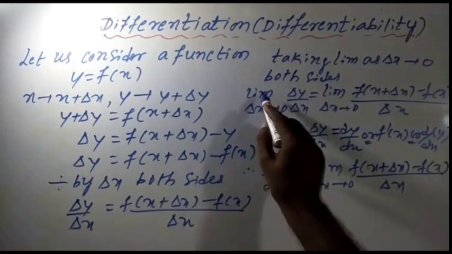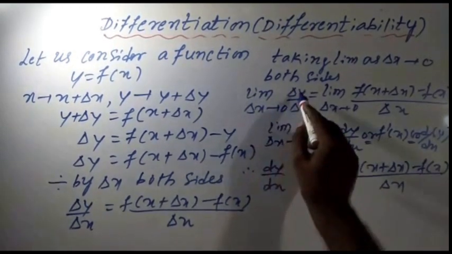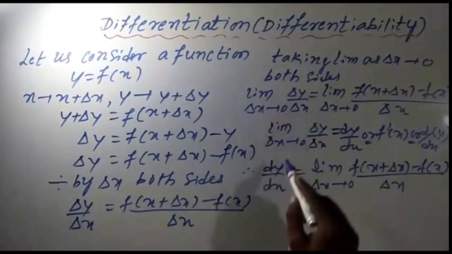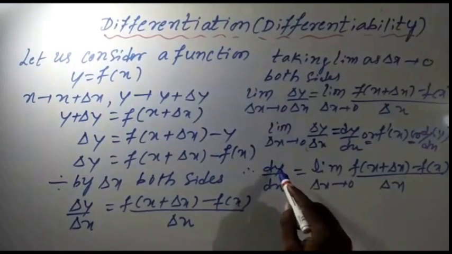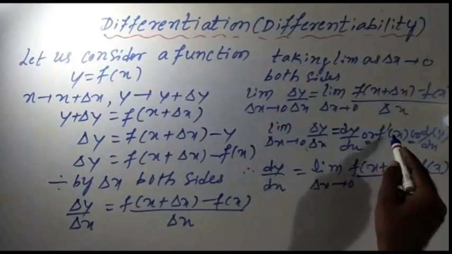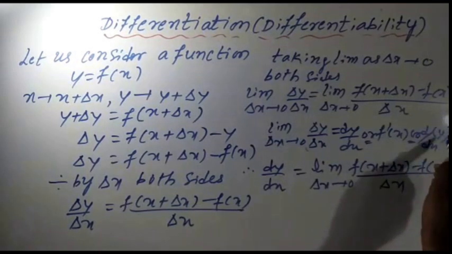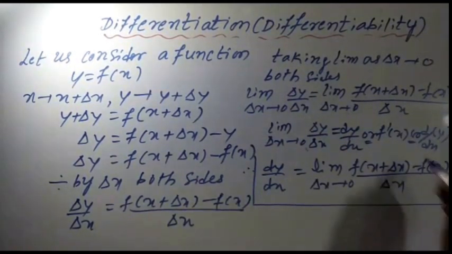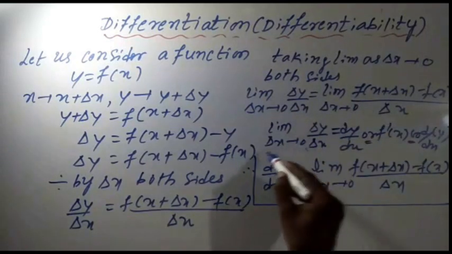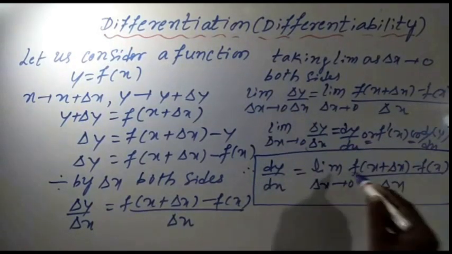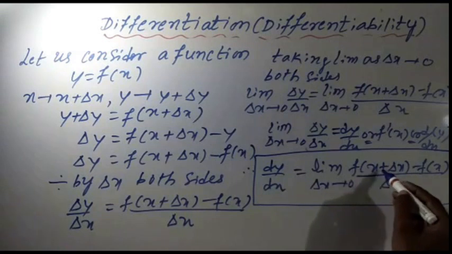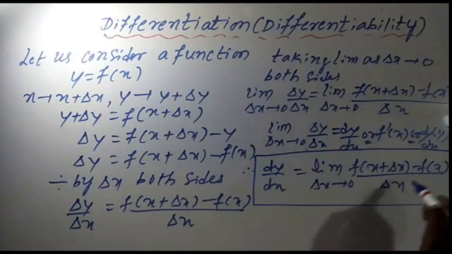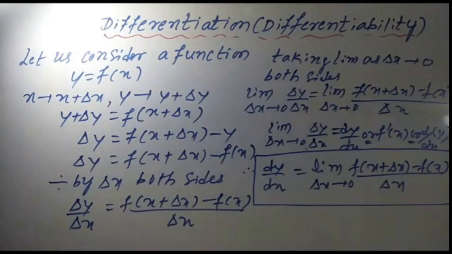Therefore, in place of limit as delta x tends to 0, delta y by delta x, we use the notation dy by dx. Otherwise, use f dash of x or d by dx of y is equal to limit as delta x tends to 0, f of x plus delta x minus f of x divided by delta x.